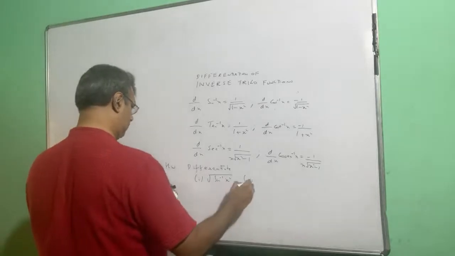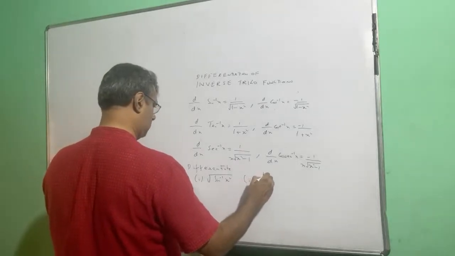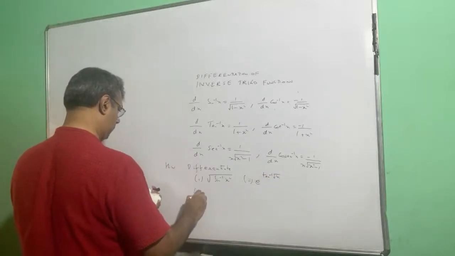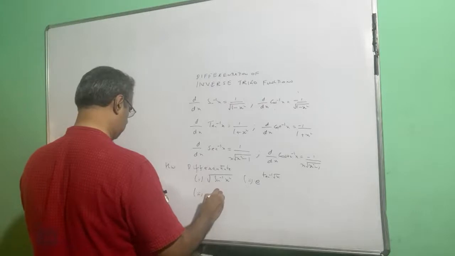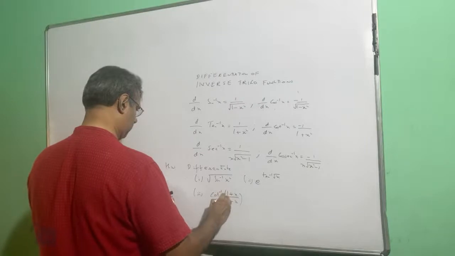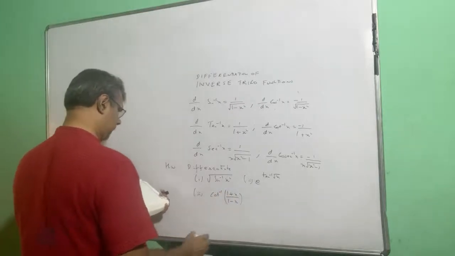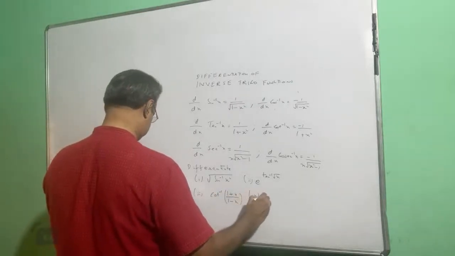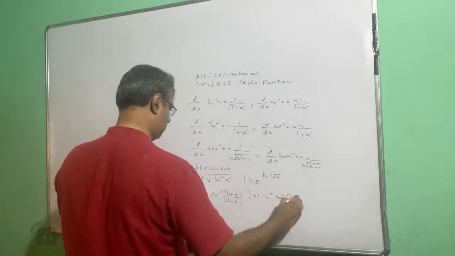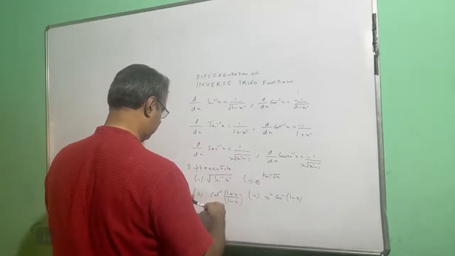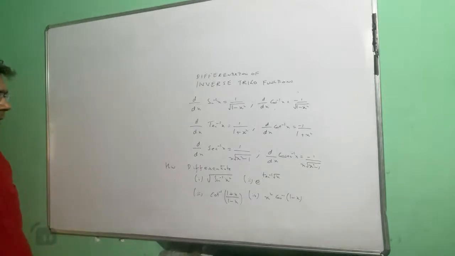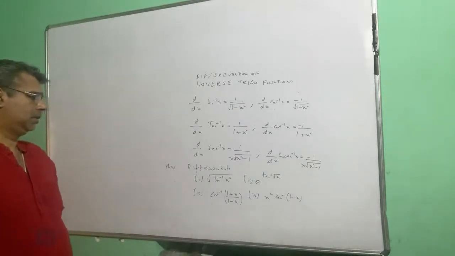Root over sin inverse x square. e to the power tan inverse x. cot inverse of 1 plus x by 1 minus x. Then x square cos inverse 1 minus x. So these are the homework questions.